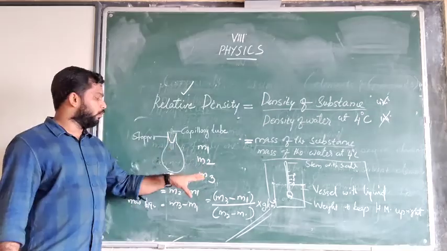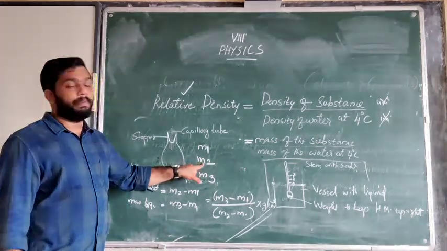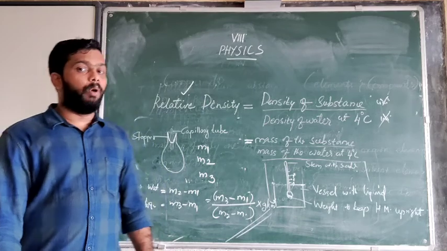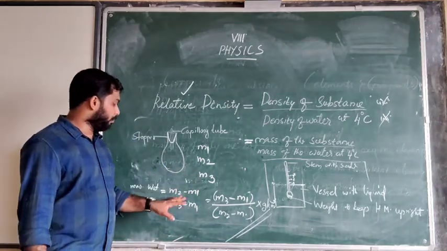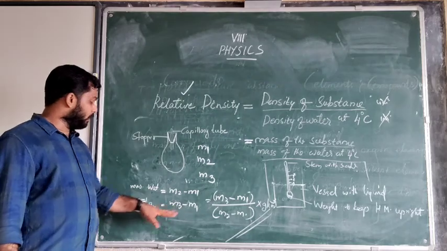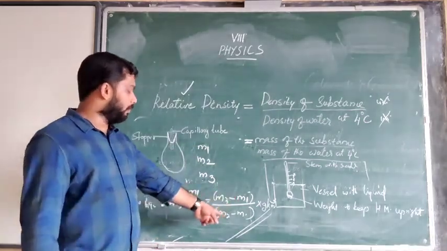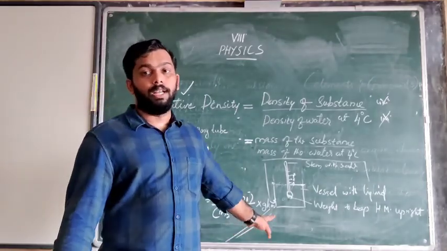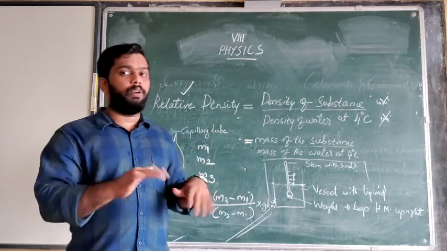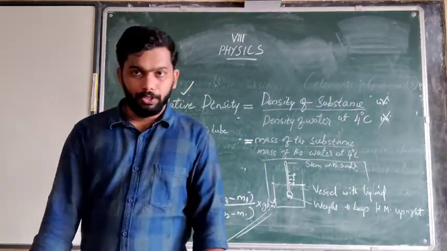M1 is the mass of the empty density bottle, M2 is the mass of the bottle plus water, and M3 is the mass of the bottle plus the given liquid. So M2 minus M1 gives the mass of water, and M3 minus M1 gives the mass of the substance or liquid. M3 minus M1 divided by M2 minus M1 gives the relative density. Relative density has no unit, and if you want to convert it to density, multiply with the unit.